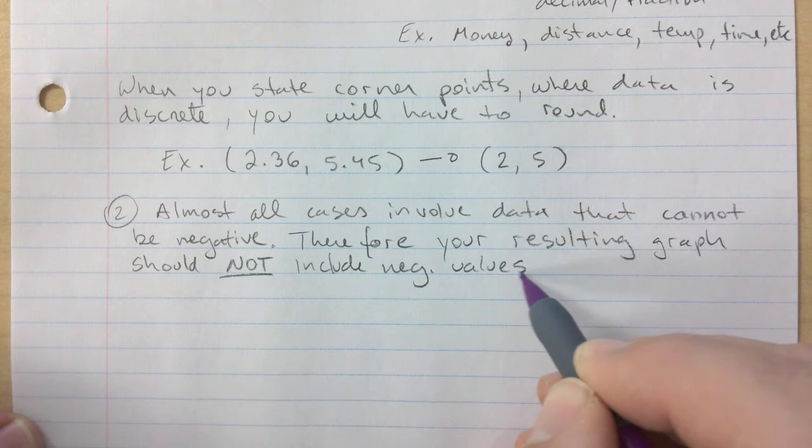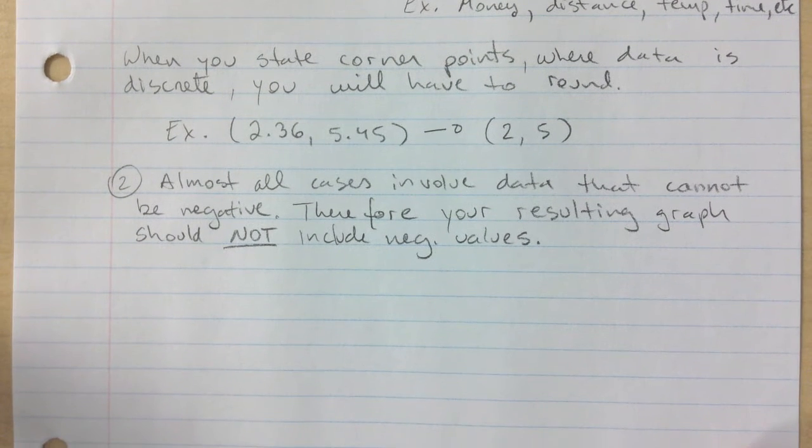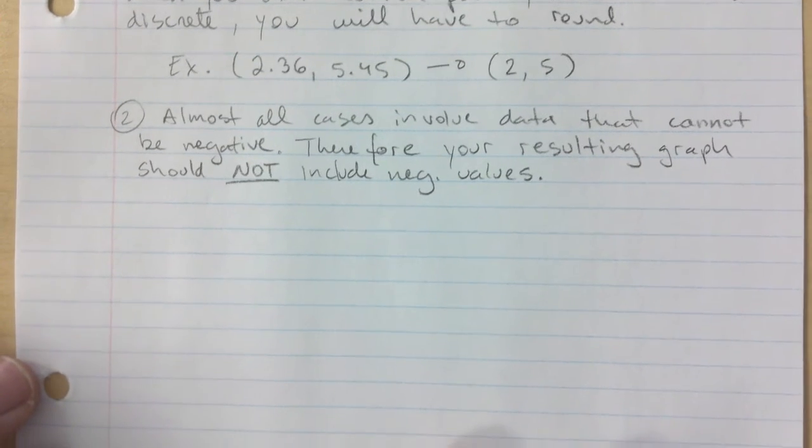It kind of goes back to quadratics. Obviously, there are exceptions. If something like a bird dives under the surface of the water, it is implied that we will have negative values. But for the most part, we don't. We have positive values. So you shouldn't have all 4 quadrants on there, that's for sure.